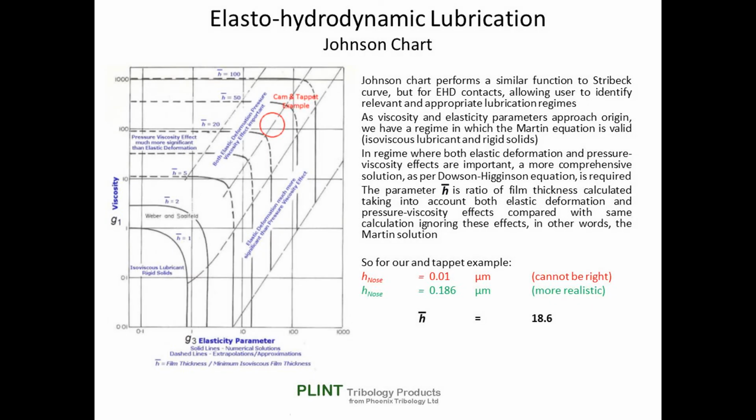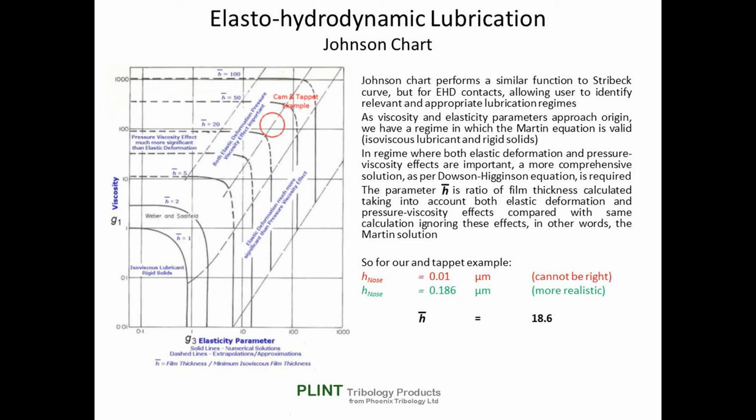In 1970, Johnson introduced the concept of the Johnson chart, which performs a similar function to the Stribeck curve, but for EHD contacts. This allows the user to identify relevant and appropriate lubrication regimes.